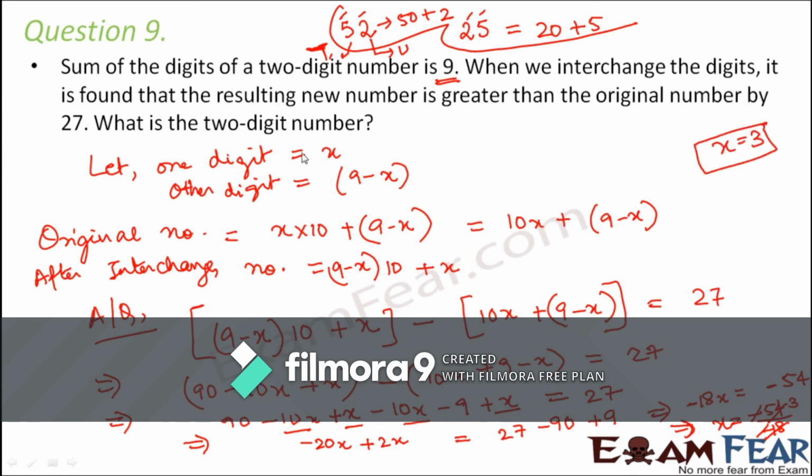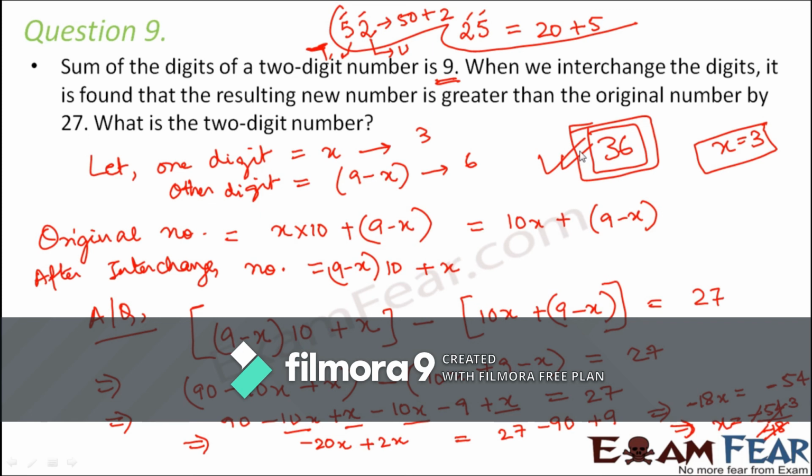So, what is the two-digit number? X is equal to 3, so the other digit would be 9 minus 3, that is equal to 6. Therefore, the original number would be 36. Now when you reverse it, it becomes 63, and 63 minus 36 is equal to 27.